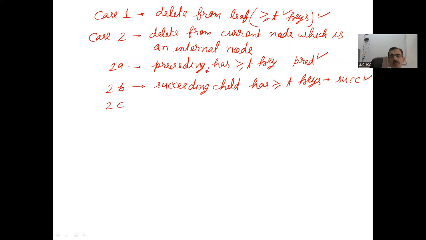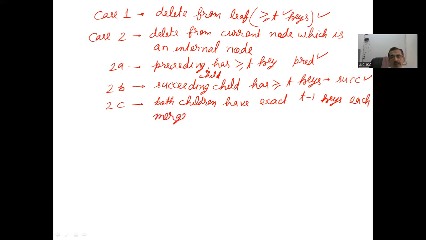And in 2C, both children have exactly T minus 1 keys each. So merging will happen, merging the children along with the median.